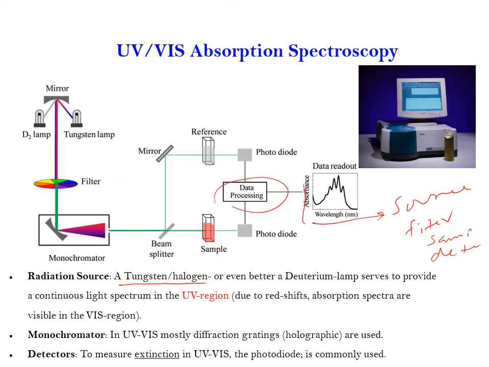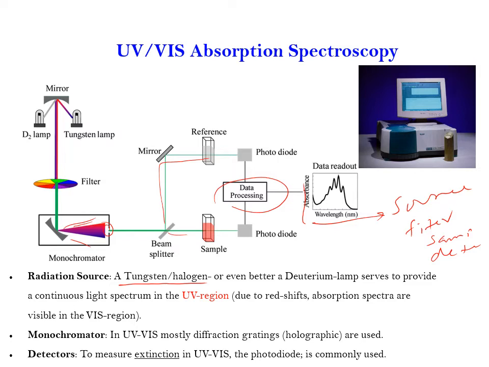So this monochromator will disperse that light, and different wavelength light will be selected by this exit slit. A beam splitter can be applied that sends the applied light to the reference and the sample.